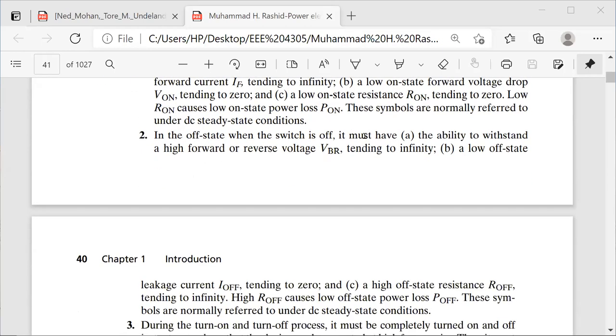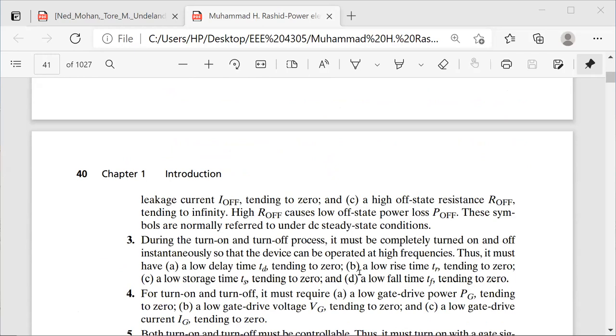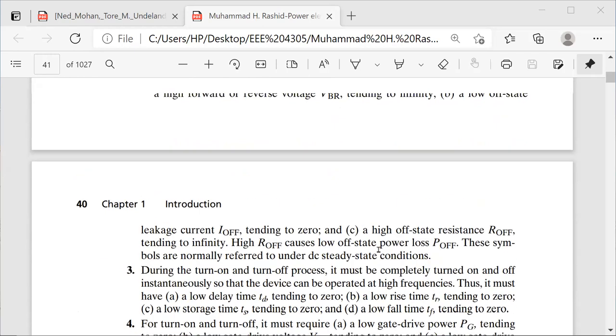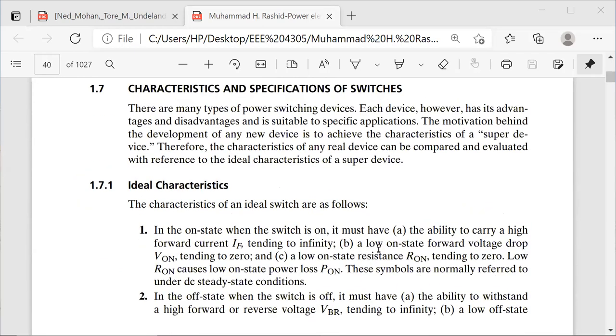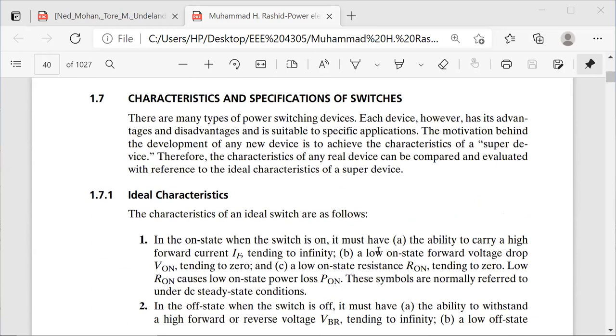Sir, here one word is mentioned, like super device. What is that? Sir, in the last line, the ideal characteristics of a super device. Therefore, the characteristics of any real device can be compared and evaluated with reference to the ideal characteristics of a super device.